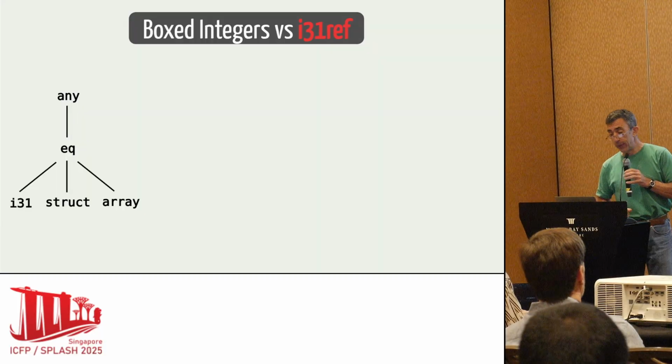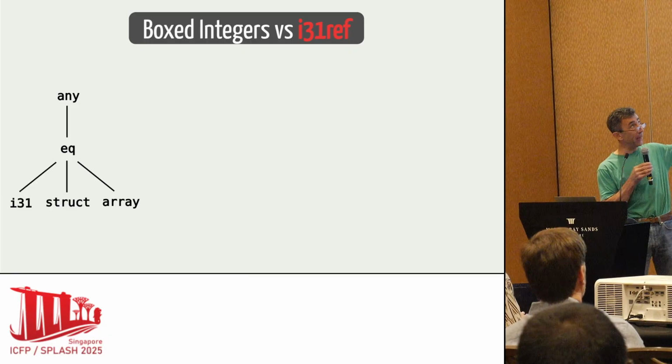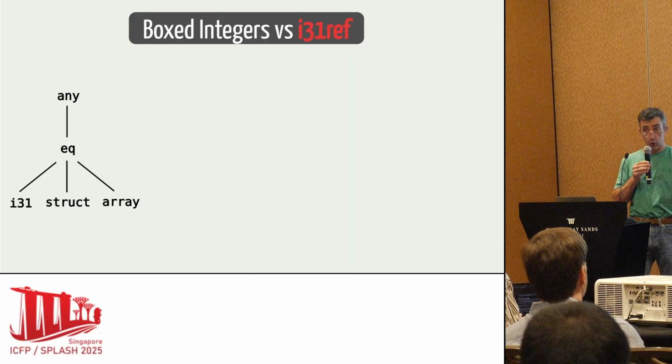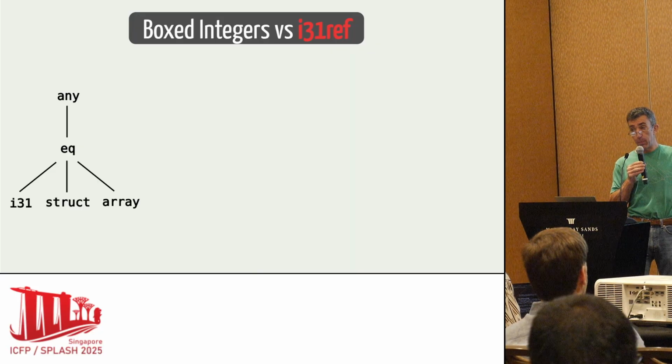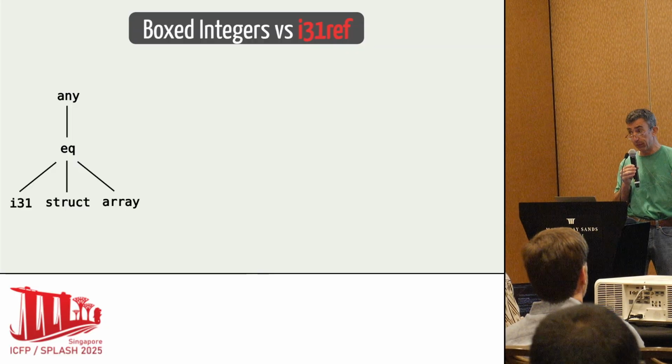The next thing we did is try to see the impact of using i31ref. These are just small fixnums of 31 bits. If you are willing to accept small integers only, what is the benefit in comparison to allocated fixnums of 64 bits?